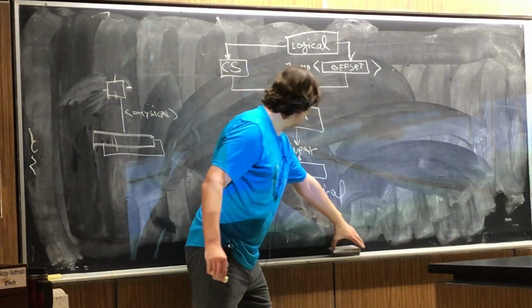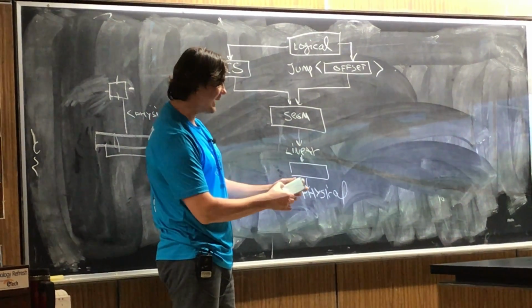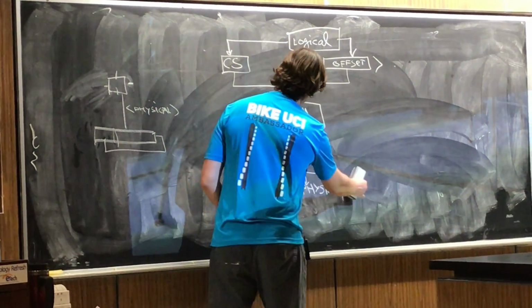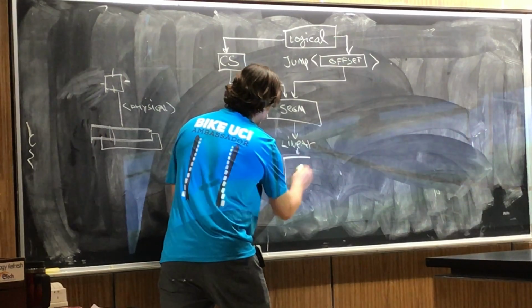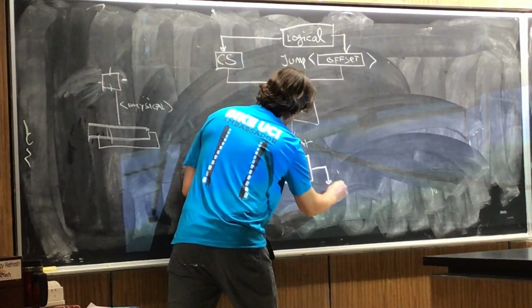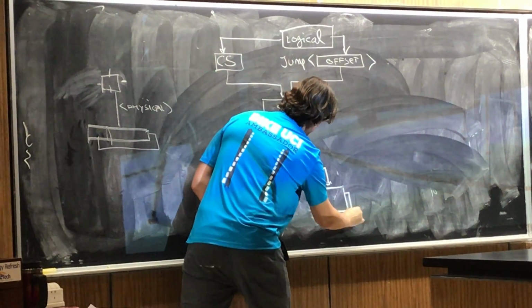But normally, in most of the systems which we see today, we want to use page tables. And the linear address becomes input to the page tables.